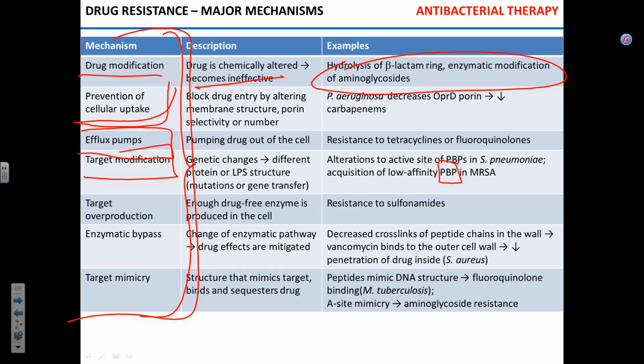So they modify the target for the drug, so the drug doesn't work anymore. Does that make sense? I think I found sort of an analogy. Think about drug and target, I'm becoming dyslexic, as the key and the lock.